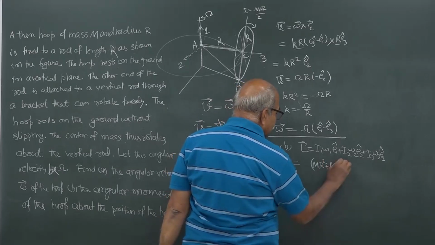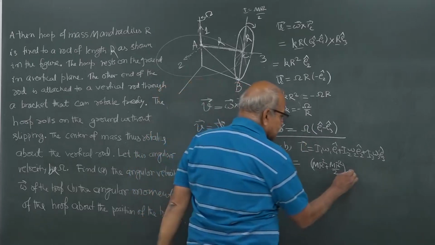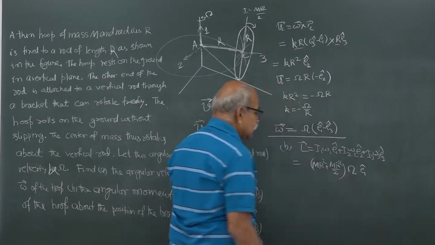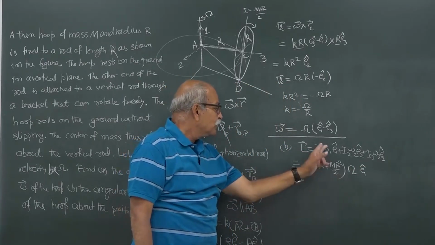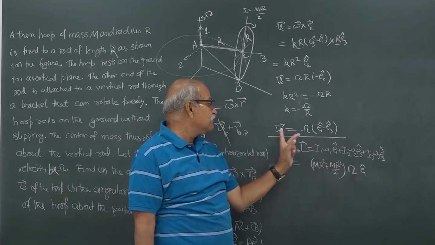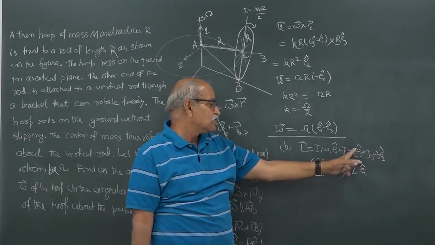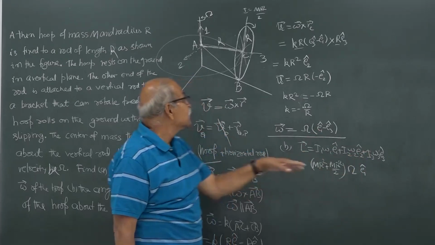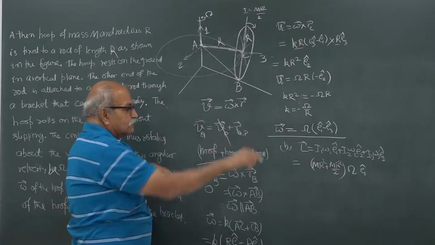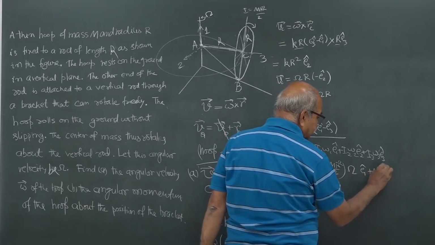And omega 1. What is omega 1? This is omega. So, omega 1 is this capital omega, and then this E1 cap. I1 is here, omega 1 is here and E1 cap is here. Omega 2, I do not have any omega 2, there is no 2 component of omega, so this term I need not write. And then this term I3. What is I3? Moment of inertia about the 3 axis, and that is the axis of the hoop, so it is m r square.